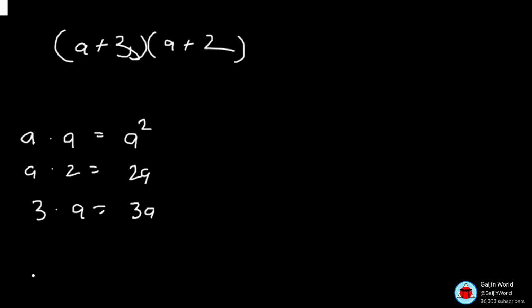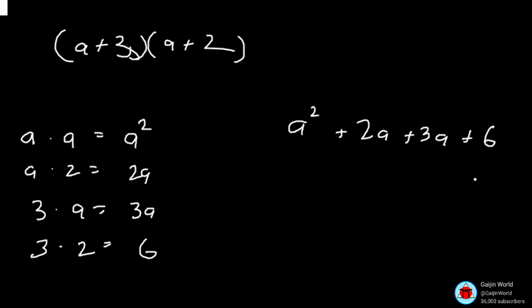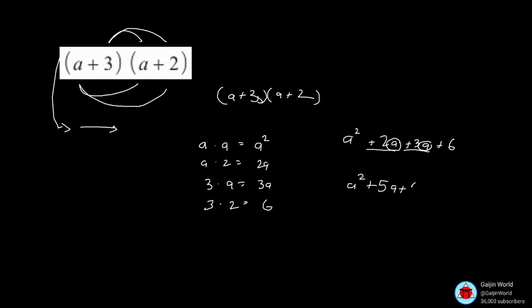Then 3 times 2 would be 6. Now you're left with this. There. Now you can add these two numbers because they have the same letter at the end, so it would be a squared plus 5a plus 6. And that's your answer.